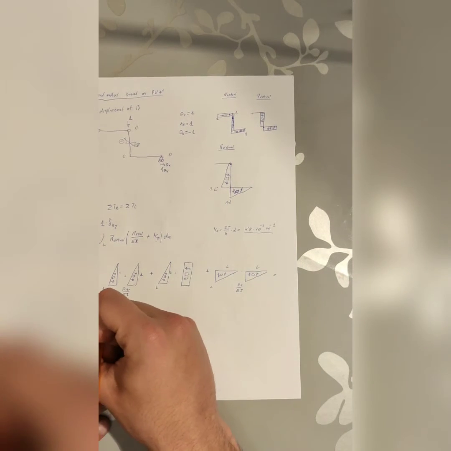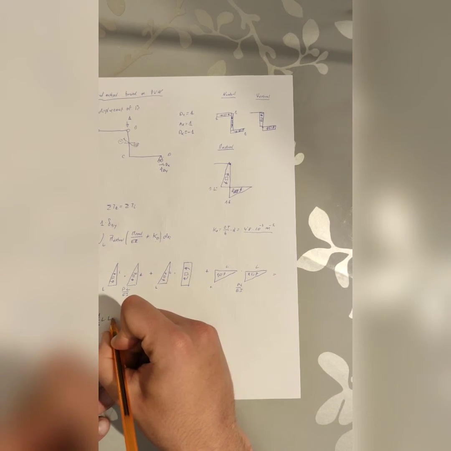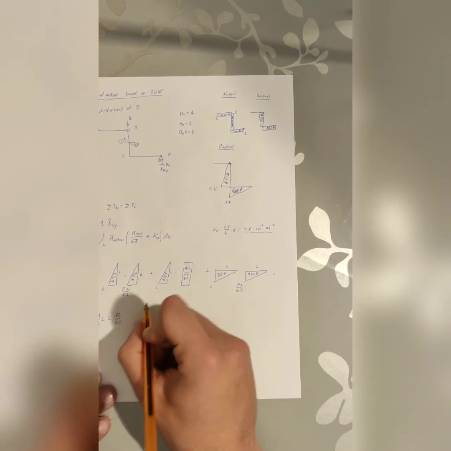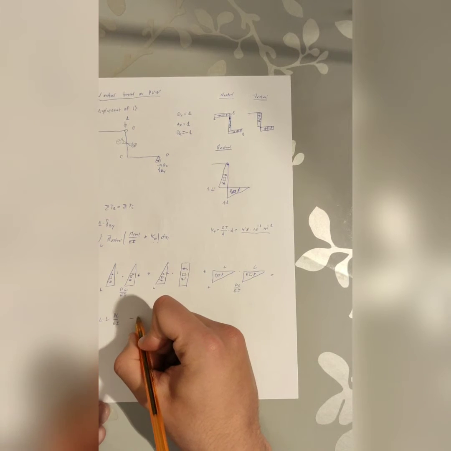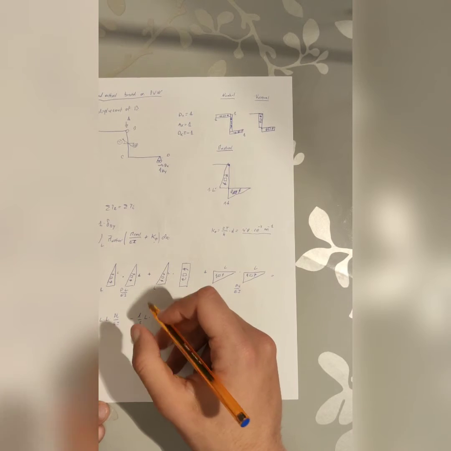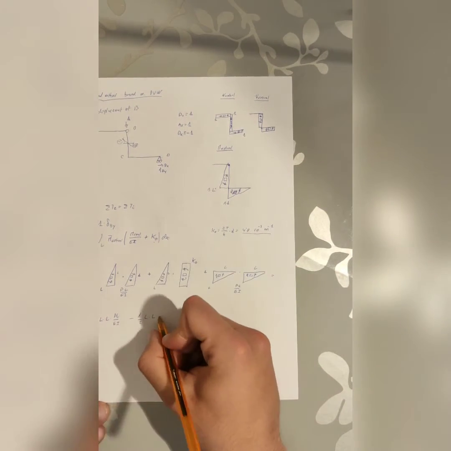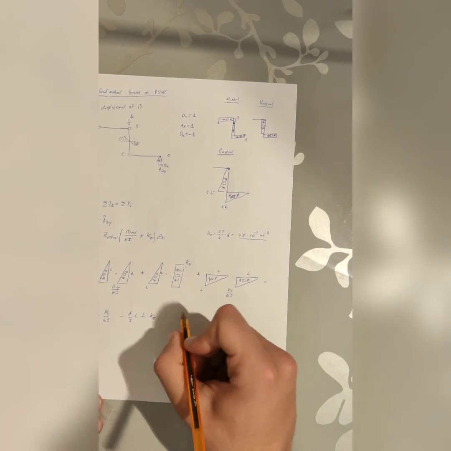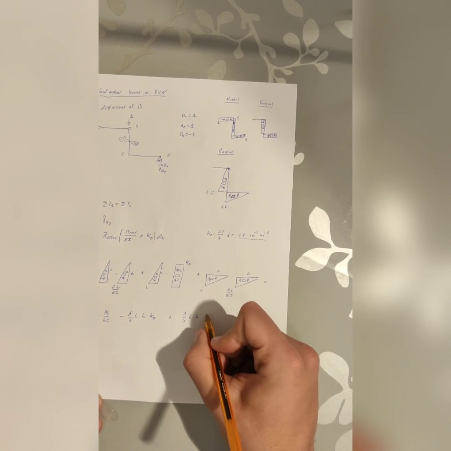Using the equations from the tables, we get that this is 1/3 the length times both heights, then is L times PL divided by EI, minus, because they are opposite orientations, 1/2 the length times both heights, so this is K0, the gradient, plus, once again, 1/3 the length and both heights.